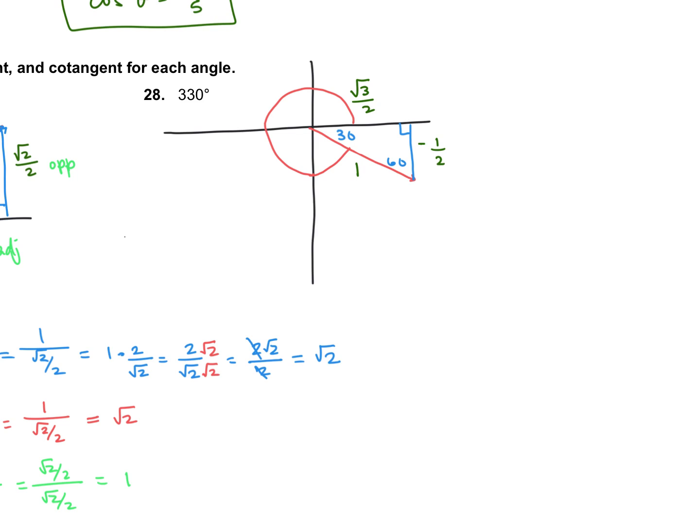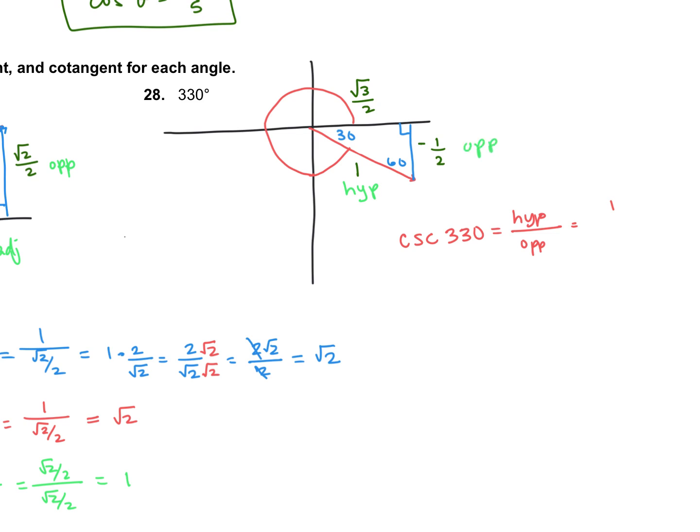All right, so let's find cosecant, secant, and cotangent. So cosecant of 330 degrees is the reciprocal of sine. We just wrote that out on the last problem, so we know that it's going to be the hypotenuse over the opposite side. Hypotenuse is 1. Oh, let's label those. Here's our hypotenuse. This just makes it go a little faster.